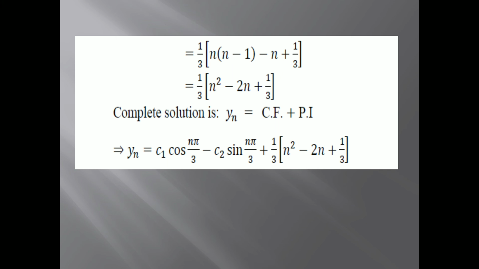So the final solution of the particular integral is 1 upon 3 n square minus 2n plus 1 upon 3. The complete solution is given as CF plus PI. So the complete solution yn is equal to C1 cos n pi upon 3 minus C2 sin n pi upon 3 plus 1 upon 3 into n square minus 2n plus 1 upon 3.